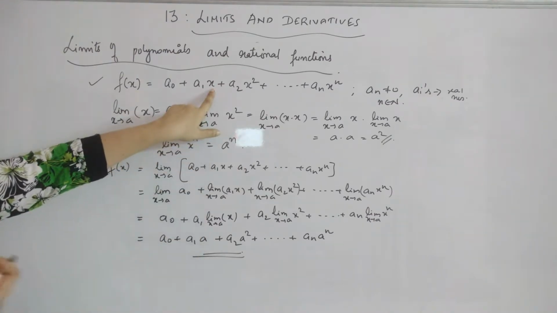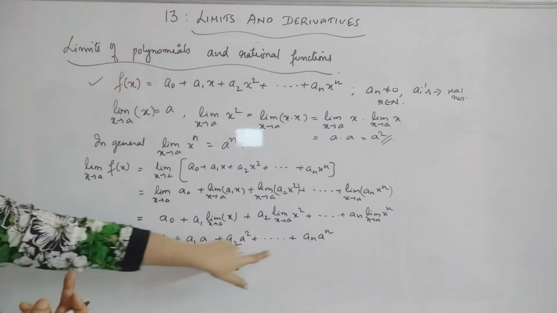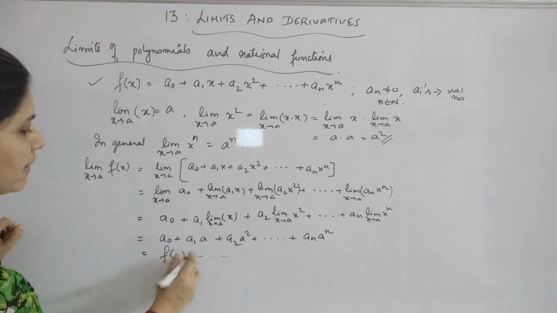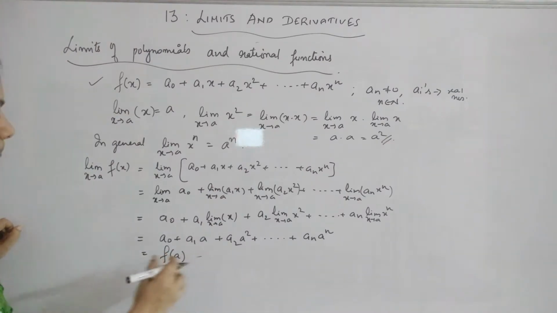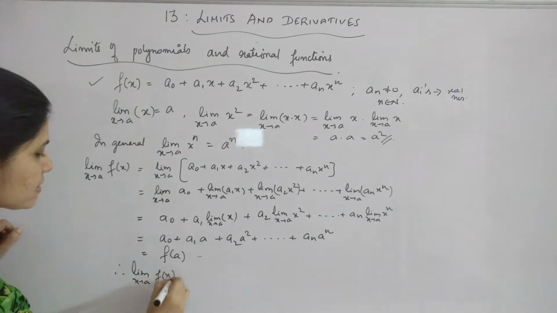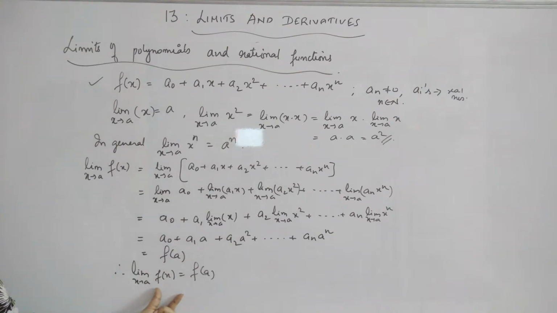Instead of x, a, instead of x, a, like that you are getting. That means this which you have got in the right hand side is same as f of a. So what you got, limit x tends to a, f of x is same as f of a. That means whatever be the polynomial function of x you have, limit x tends to a of f of x is same as replacing x with a in that function.